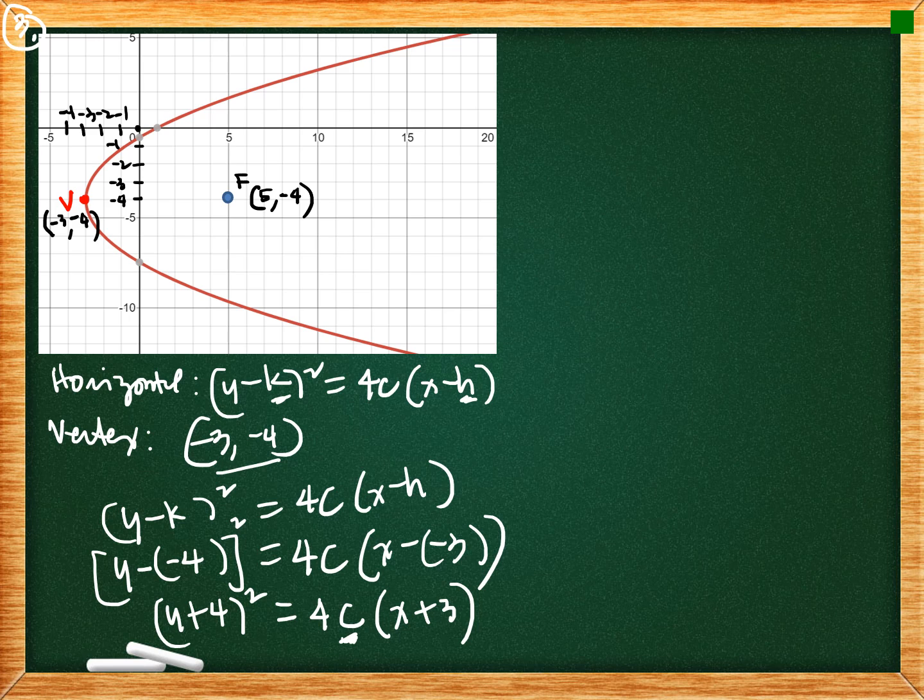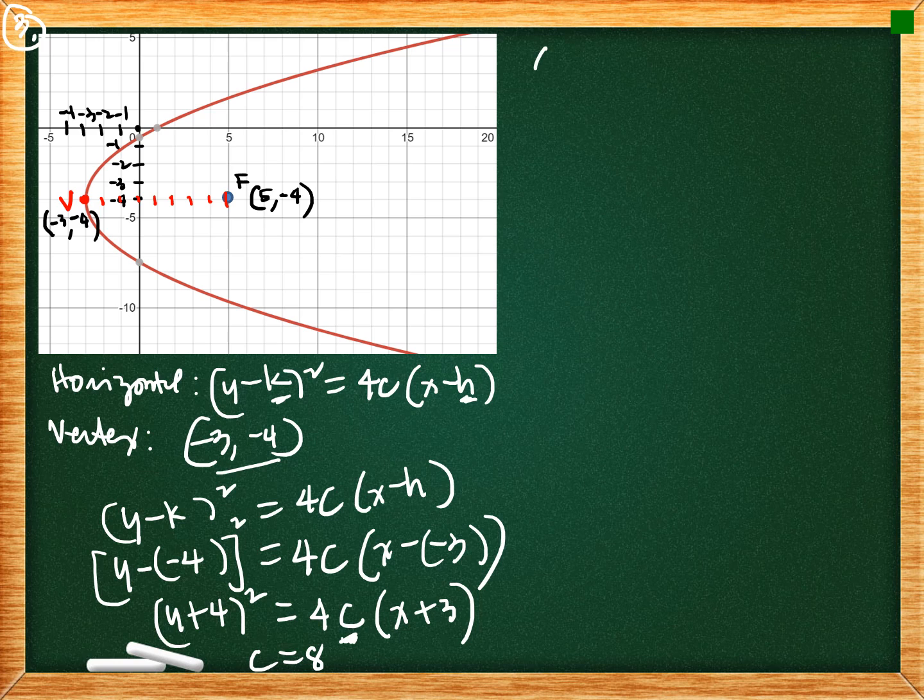This is 1 from the vertex, 1, 2, 3, 4, 5, 6, 7, 8. That's 8 counts from the vertex. Therefore, our c, because it's opening to the right, is positive. So therefore, our c is equal to 8.